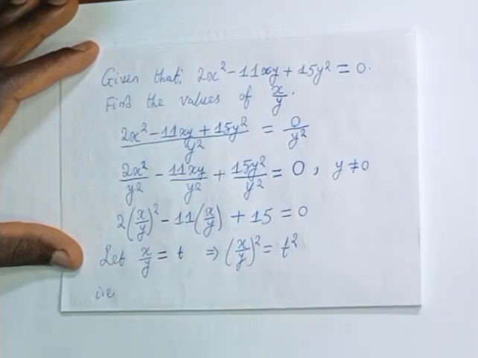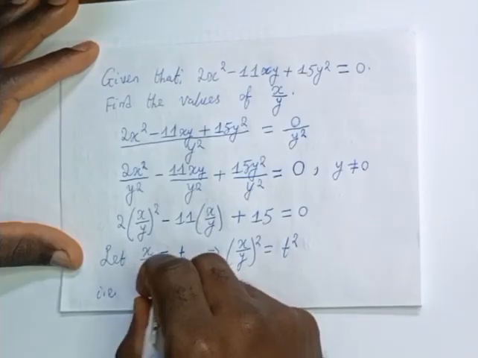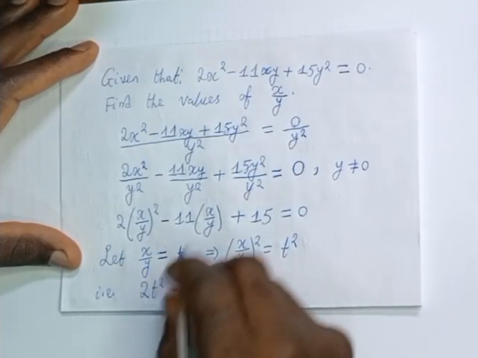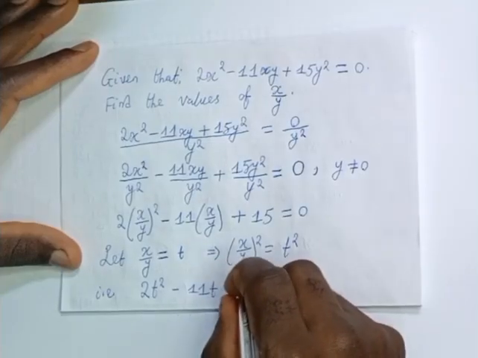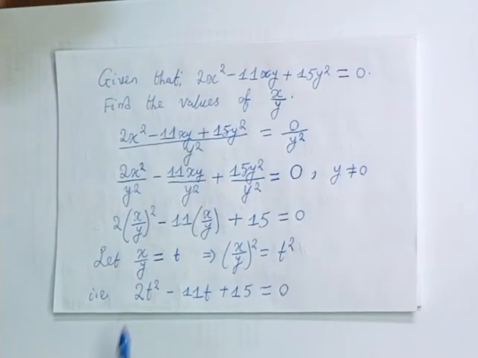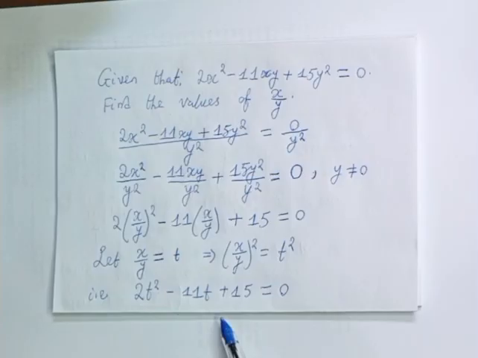This will give us 2t² minus 11t plus 15 is equal to 0. You'll see that this is a quadratic equation in terms of t, and we are going to solve this quadratic equation.